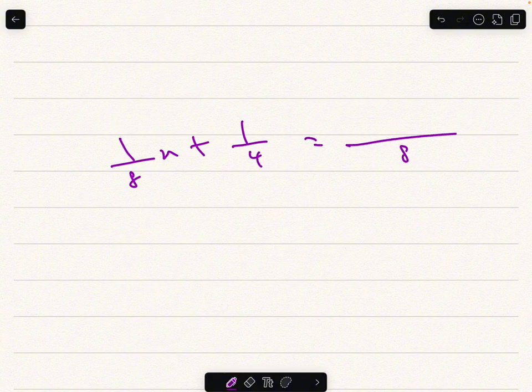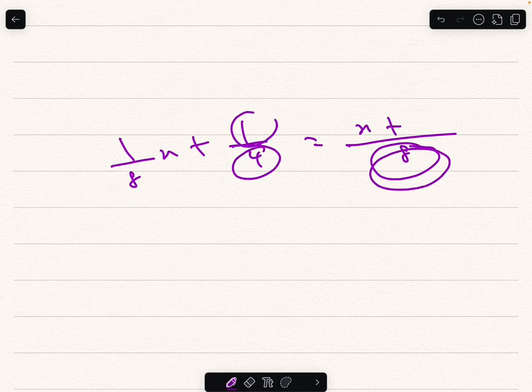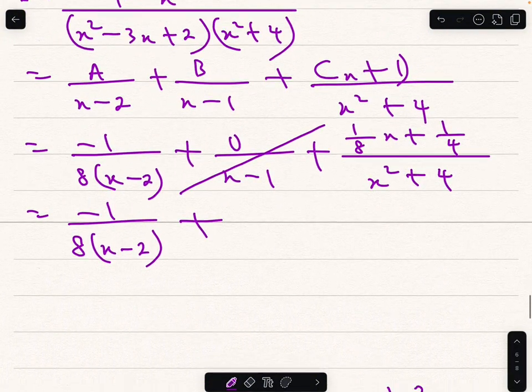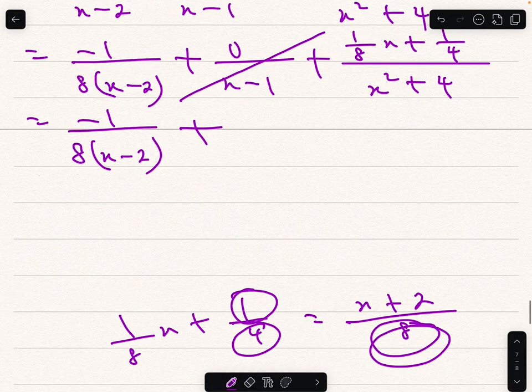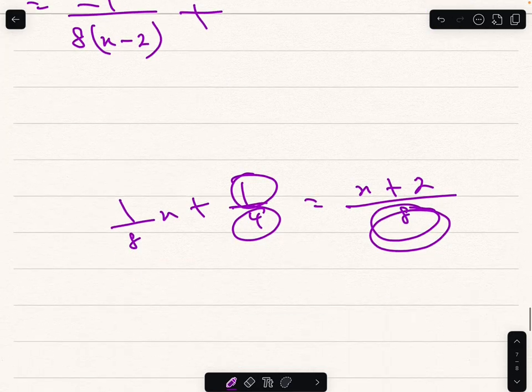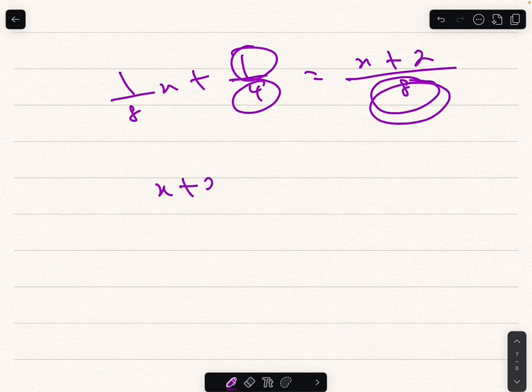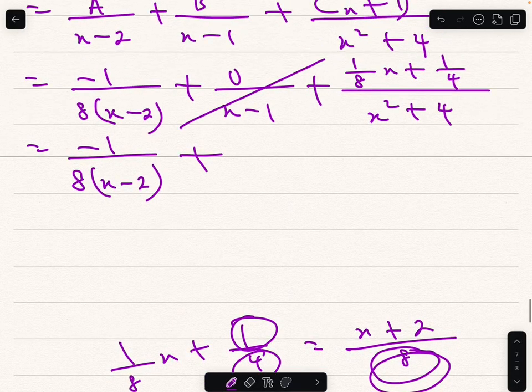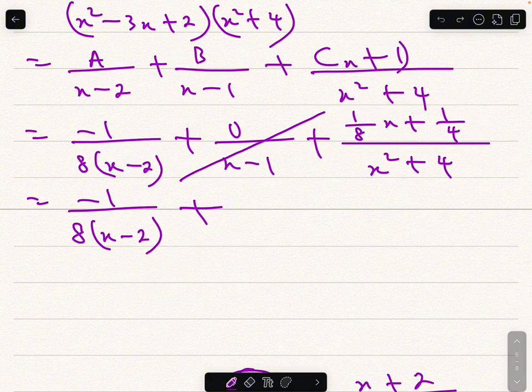The LCM is 8. 8 divided by 8 is 1 times 1x, that's x, plus 8 divided by 4 is 2, 2 times 1, 2. So that's x plus 2 over 8. This numerator is the same as x plus 2 over 8.